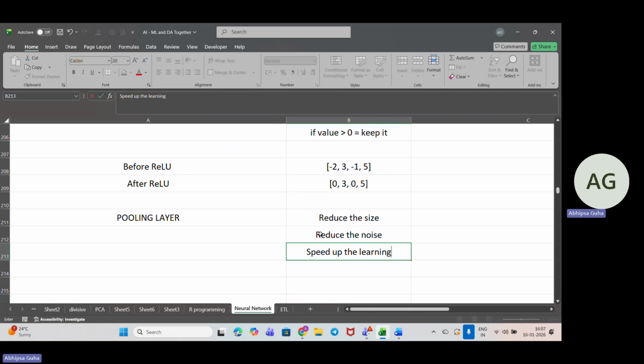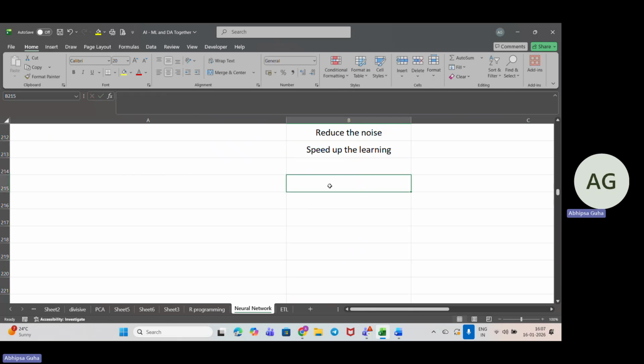So what is max pooling? Max pooling is most common.